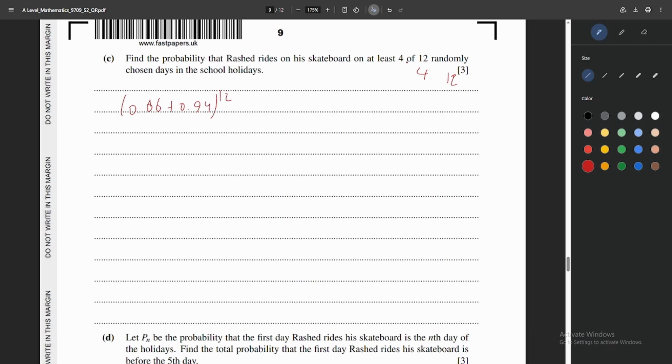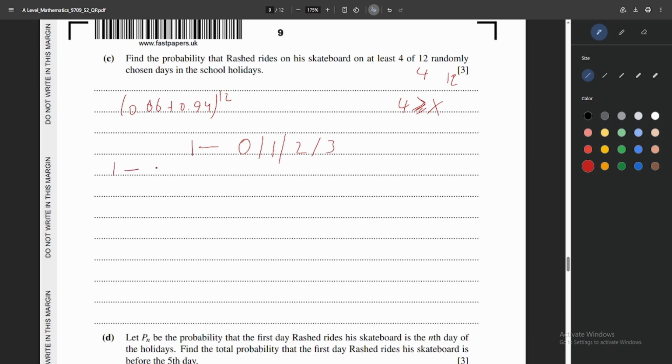So at least 4 of the 12 days means 4 or more, right? Instead of counting from 4, 5, 6 and so on, we take 1, which represents the entire probability, and subtract the cases of him riding 0, 1, 2 or 3 days. So let's do that.